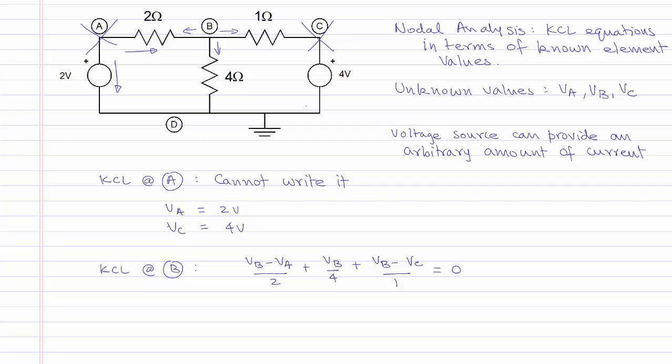Substituting known values for VA and VC, we will get (VB minus 2) over 2 plus VB over 4 plus (VB minus 4) over 1 is equal to 0. This is one equation in one unknown, and we can solve for VB equal to 20 over 7 volts. We have solved for all the nodal voltages VA, VB, and VC, and the solution of this circuit is complete.